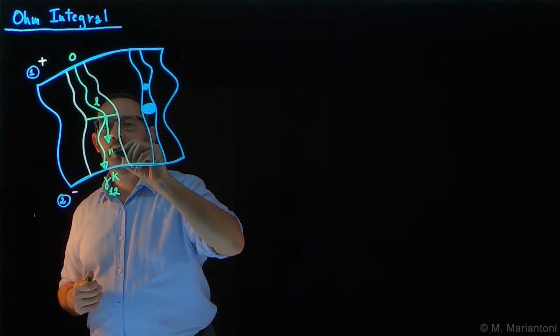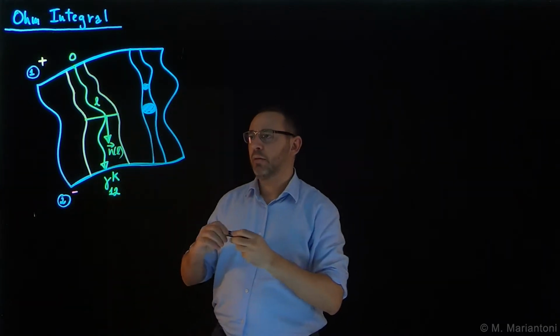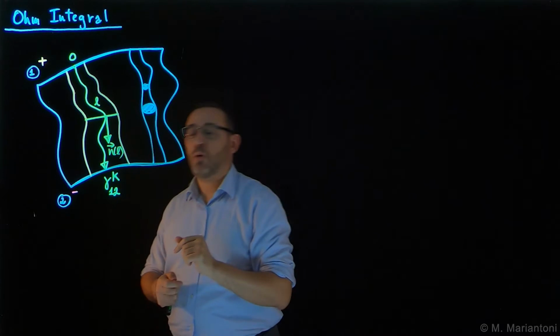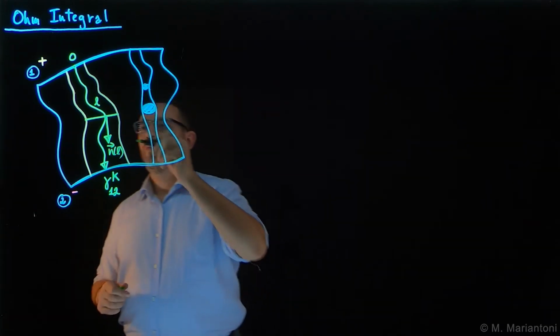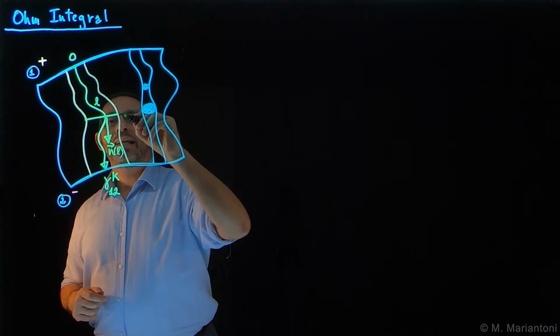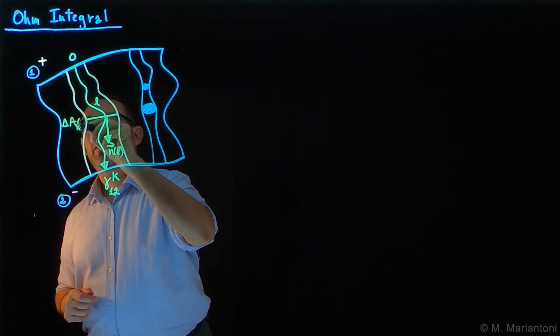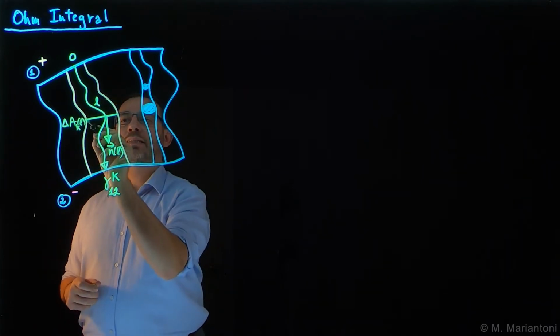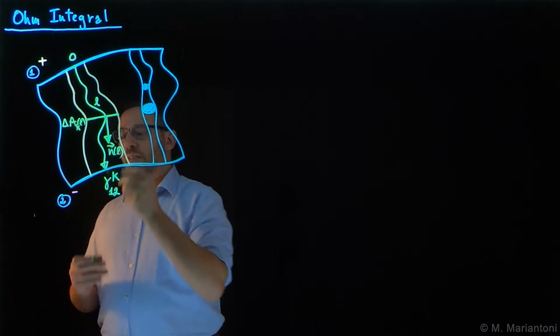We call it n, which in general depends on the curvilinear coordinate l, because of course it varies along this axis gamma k. This area we call delta A k at l.